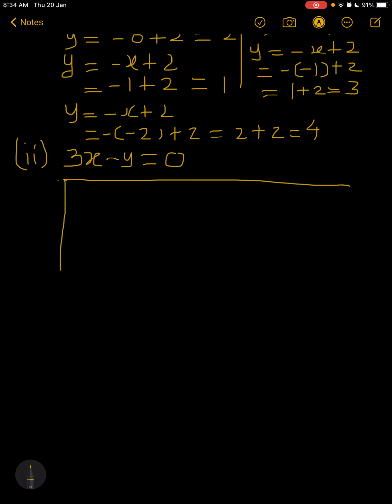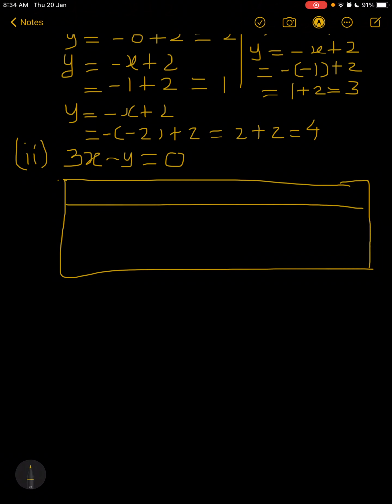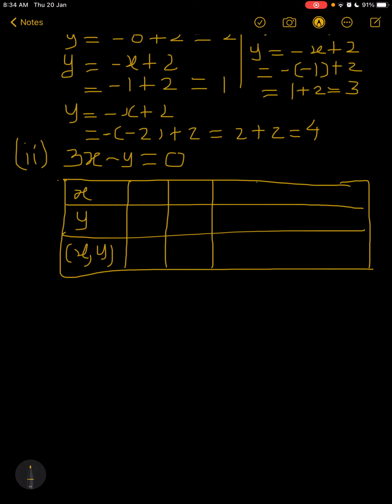So let us make a table for this equation. First line for x, second line for y, and third line for x, y. First column, second column, third column, fourth and the fifth.